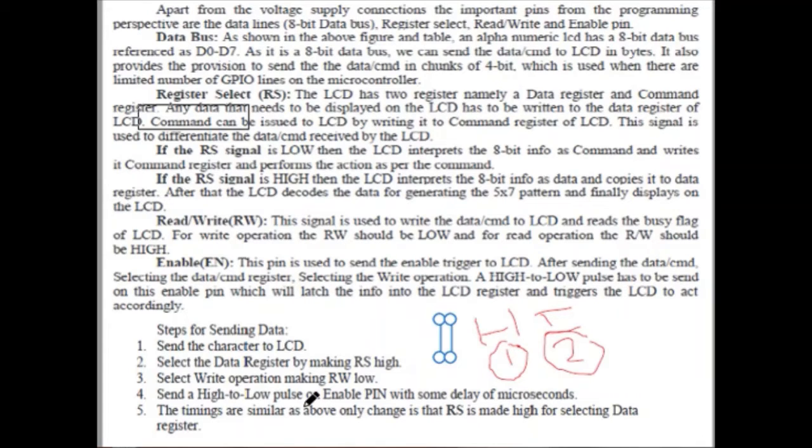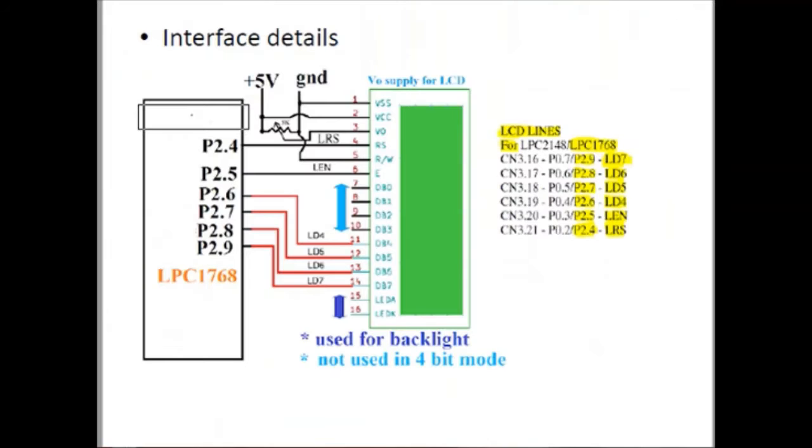Then you have to perform the write operation by using the RW pin. Then you have to enable the enable pin by sending a high to low pulse, that is the falling edge triggered signal. Then as usual you will get the message.